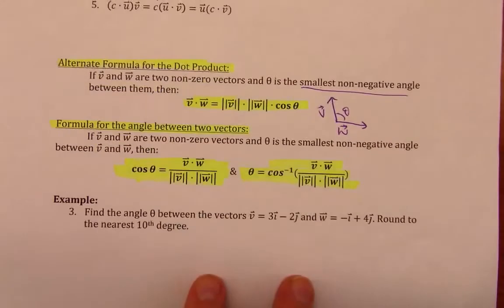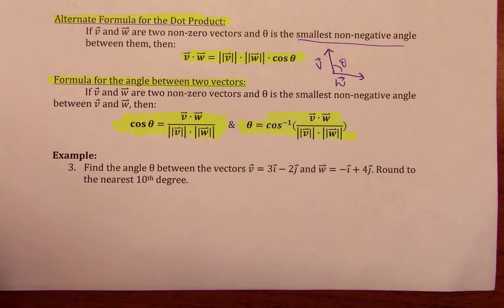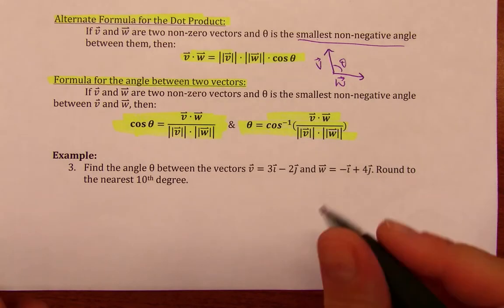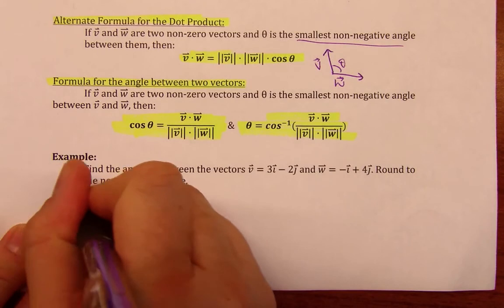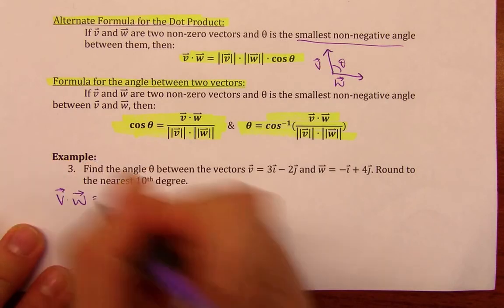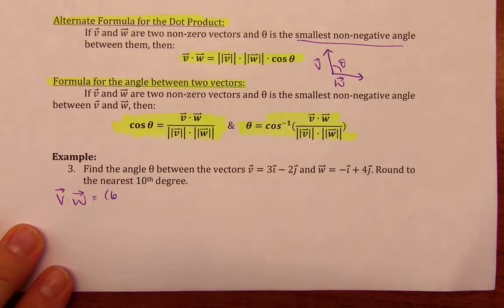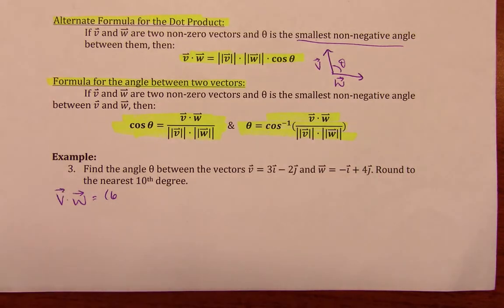So let's go ahead and practice that. It says find the angle between vectors v and w. First, let's find the dot product of v and w. Oh, you know what? Let me go back here for a second.